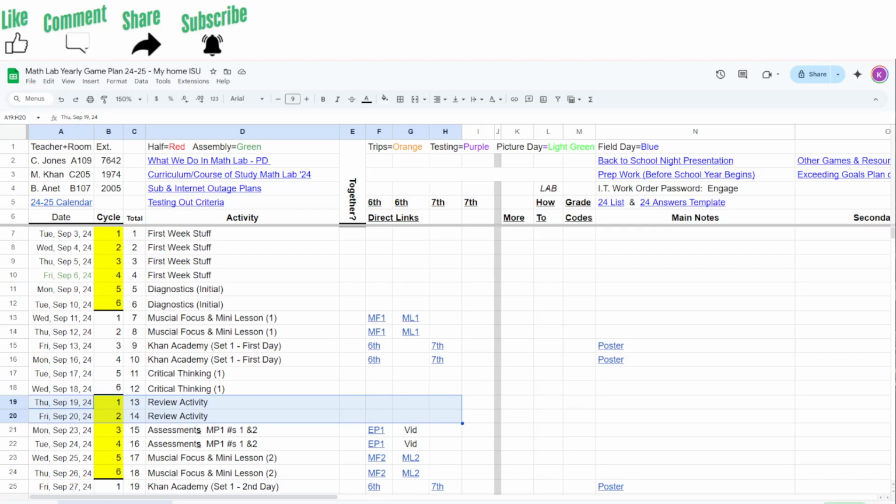So since this is very early on, we have only covered determining money amounts based on what appears on your calculator throughout our musical focus activities. We also had one mini lesson on ratios, or their proportionality, depending on the order you decided on. We were also able to have them start set 1 of Khan Academy, which dealt with a lot of decimal place values.